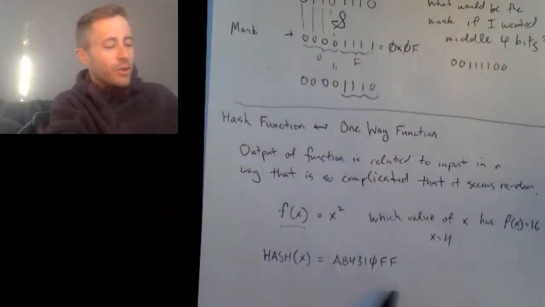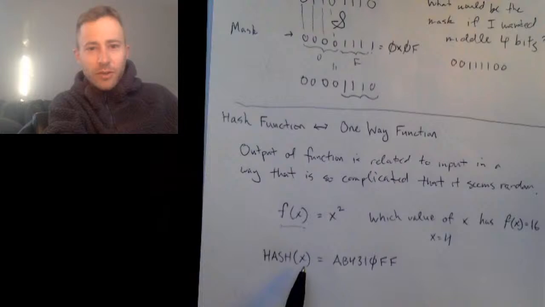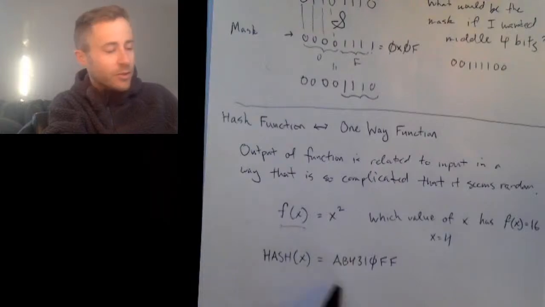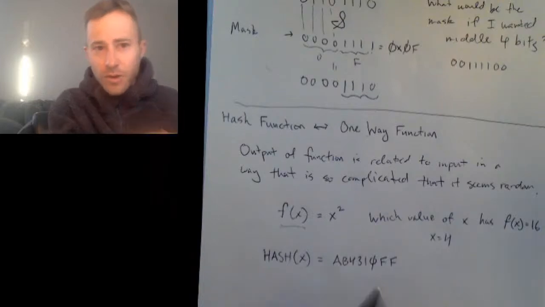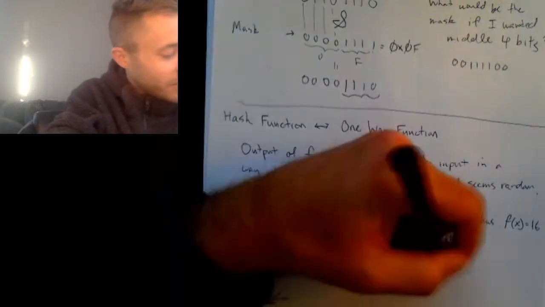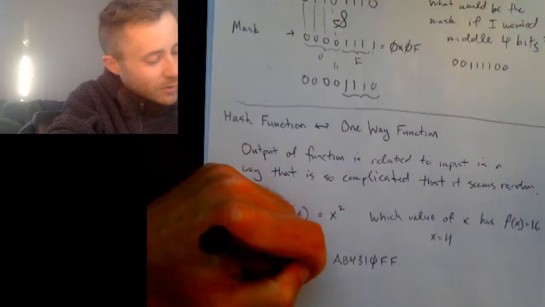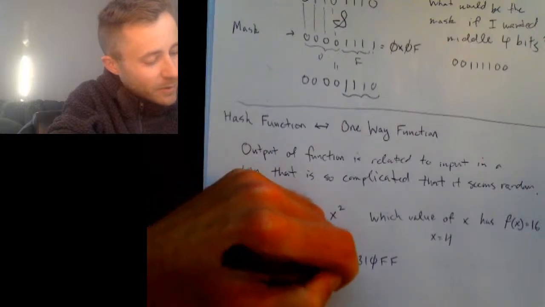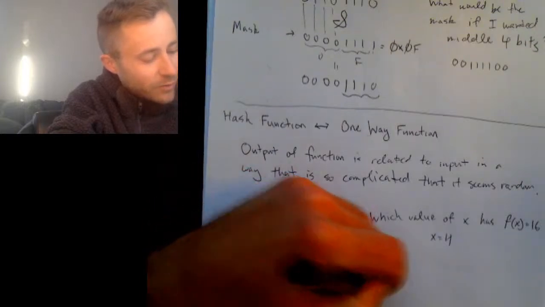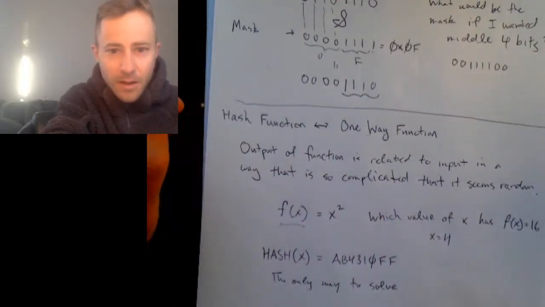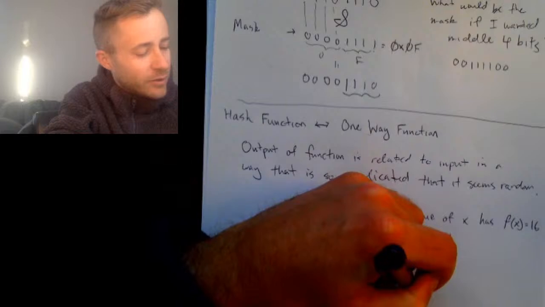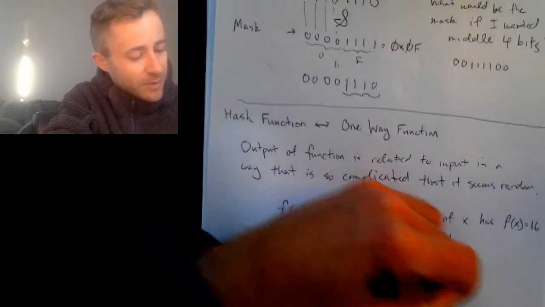And I wanted to say which value of x will result in a hash that is equal to AB4310FF. The only way to solve that is to guess and check.